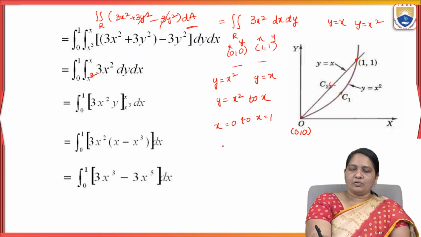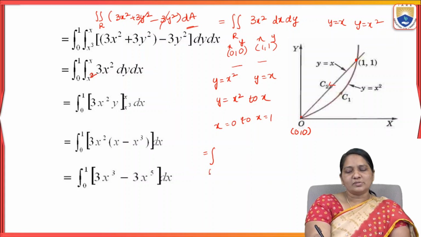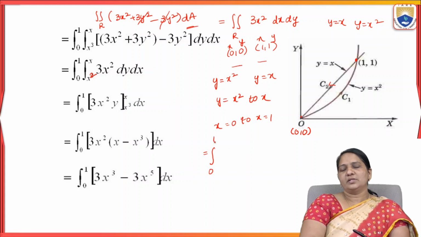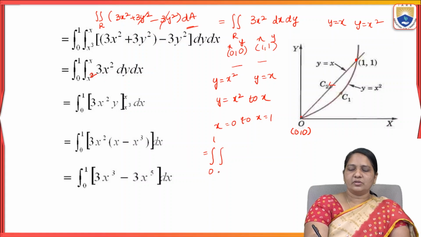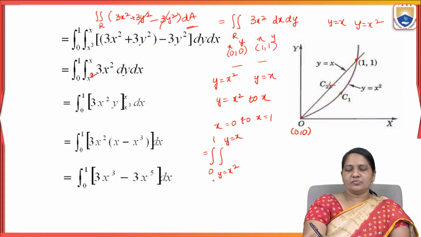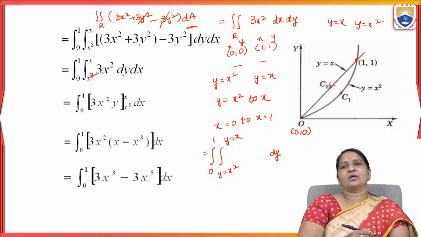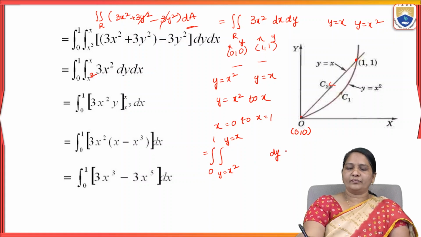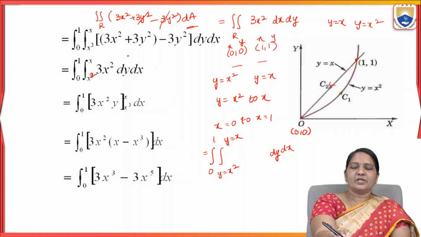Now we take the limits. First we write the outside constant limits, 0 to 1. These are the x limits, and these are the y limits, y equals x² to y equals x. That means first we should integrate with respect to y, so we write dy first and then dx.